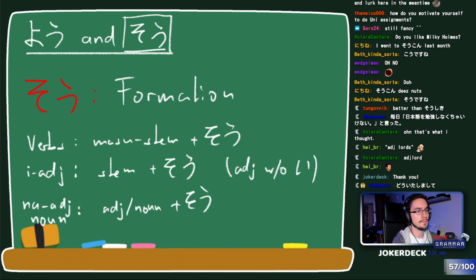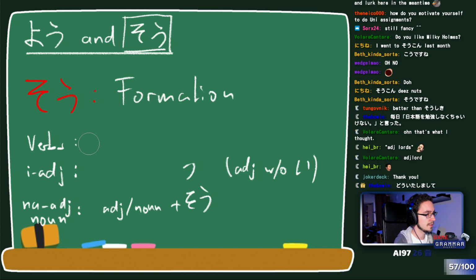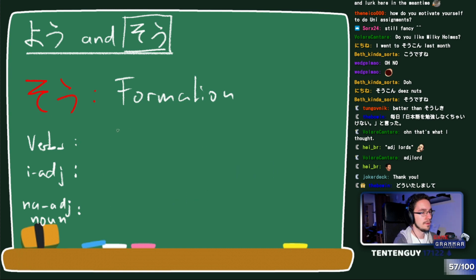Let's make some space here and I'll just give you an example for each, so that it's a bit easier to see. For a verb, we could, for example, talk about if it's about to rain, right? It seems like rain, something like that. Furu would be a good verb to talk about.